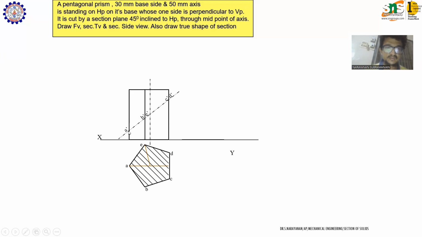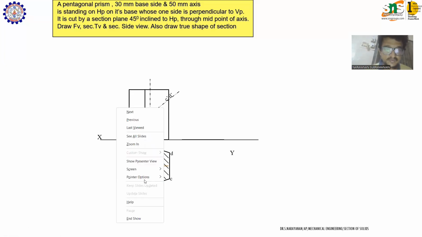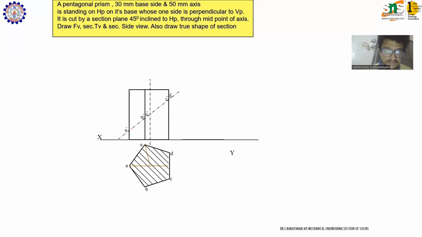As both the edges of the prism are covered, you can see this edge and this edge are covered, so the true shape will retain the pentagonal shape. For instance, if the angle is more than 45, like 60 or 70, the cutting plane will be like this.